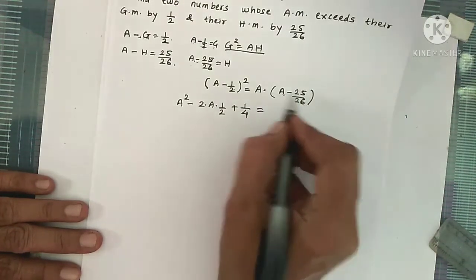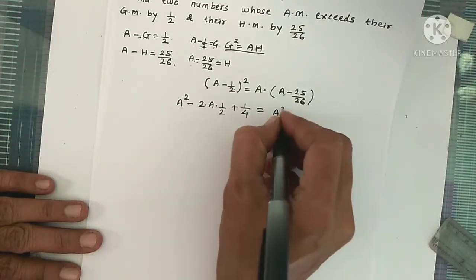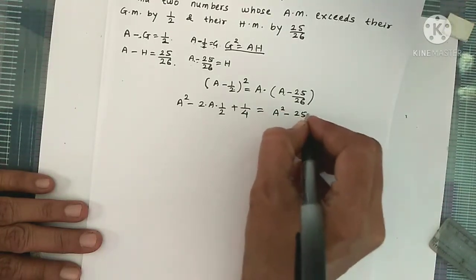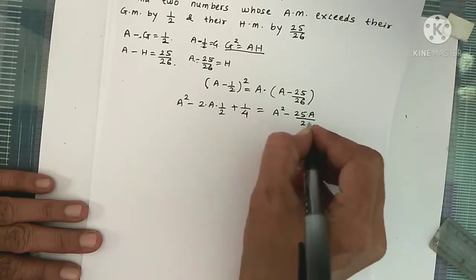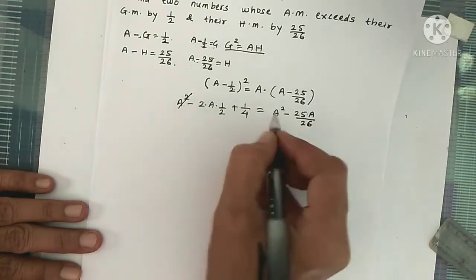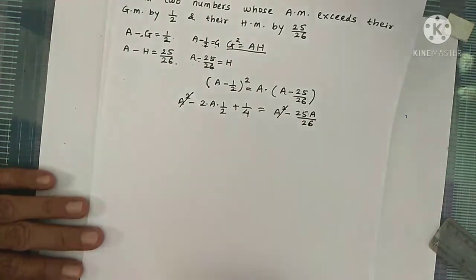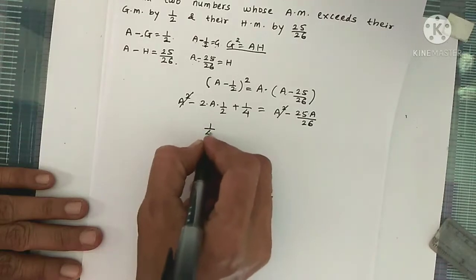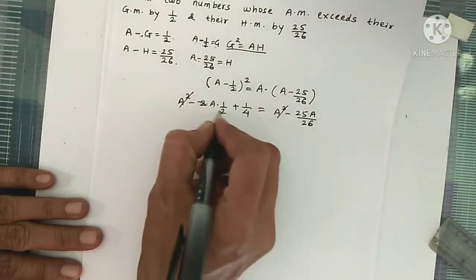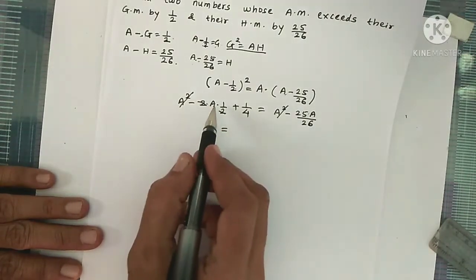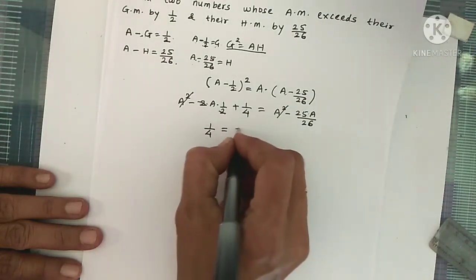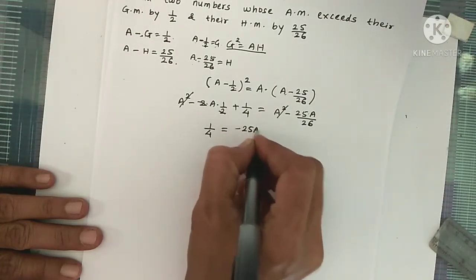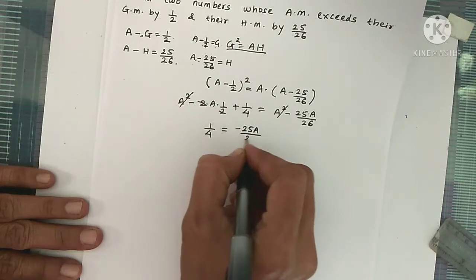Now multiplying these two terms by A, we get A square minus 25A upon 26. So A square gets cancelled. Now we have 1 by 4 equal to, let's cancel this 2. Now this term is minus A, so let's transfer to right hand side so that terms in A will be together.